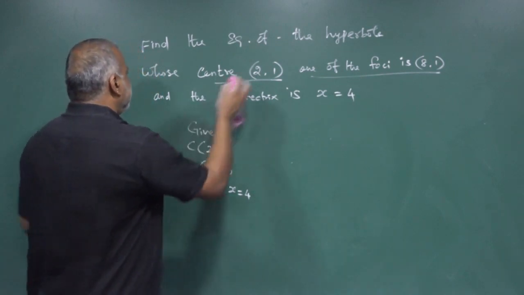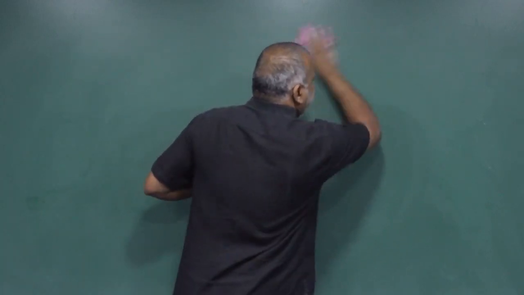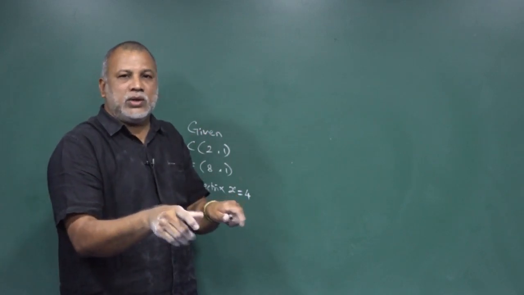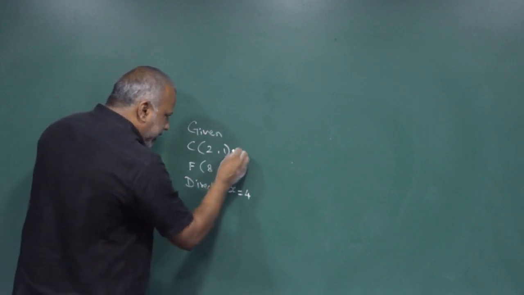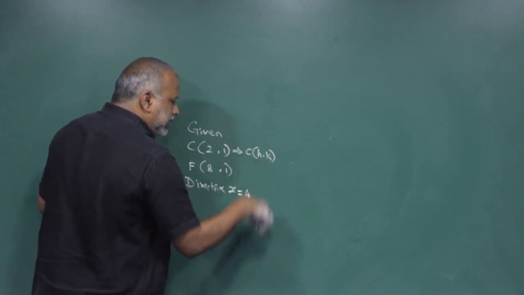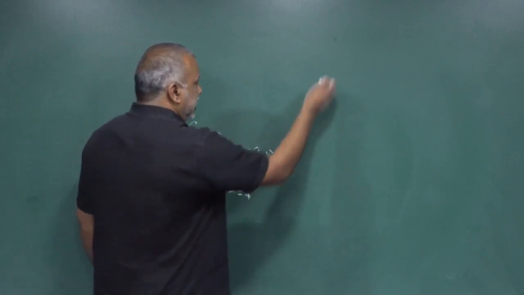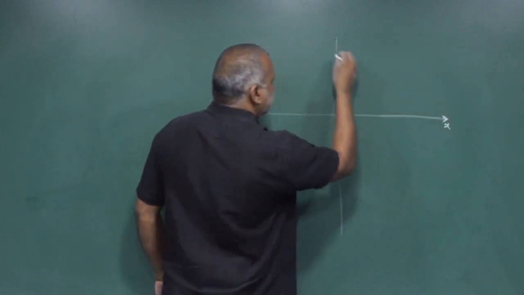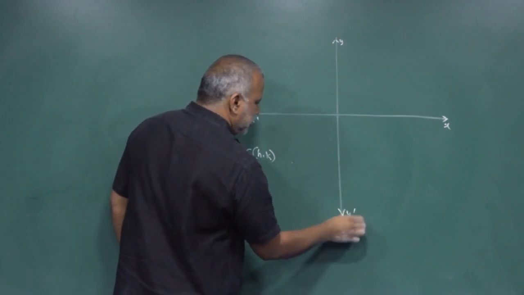Now listen to the diagram. Here, center given means, just now I was explaining, if the center is the origin 0, 0, we can take the direct diagrams. But here the center is shifting. Therefore, it must be C of h, k. Generally, center is denoted by C of h, k. Now listen carefully. X-axis, Y-axis, X dash, Y dash.